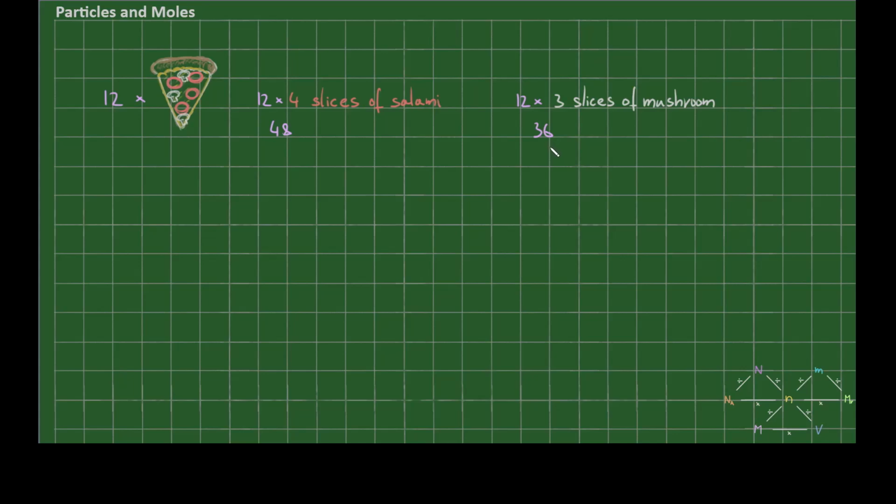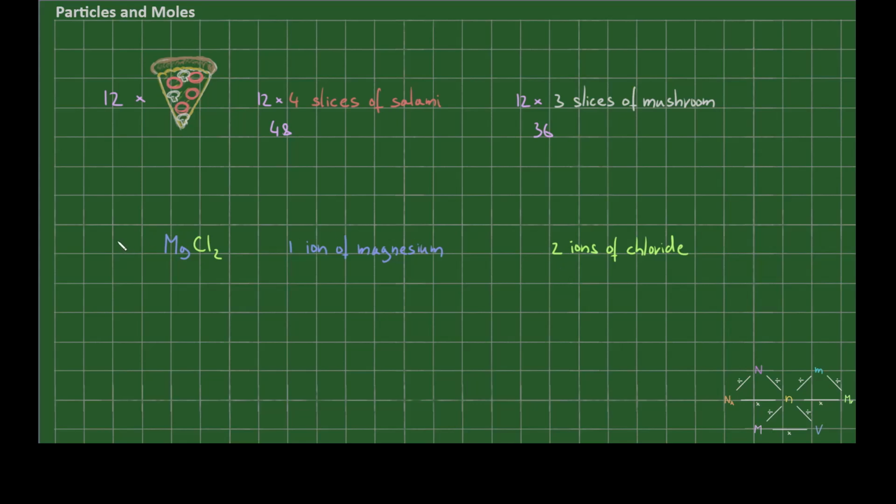How does this relate to chemistry? Here I have magnesium chloride. Magnesium chloride is an ionic compound made up of 1 ion of magnesium and 2 ions of chloride. Alternatively, I could say that the magnesium chloride particle contains 1 particle of magnesium ions and 2 particles of chloride ions.